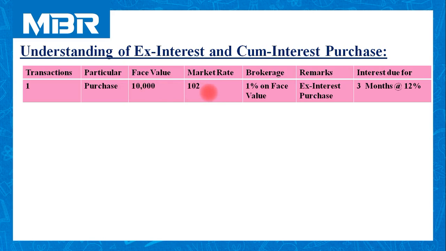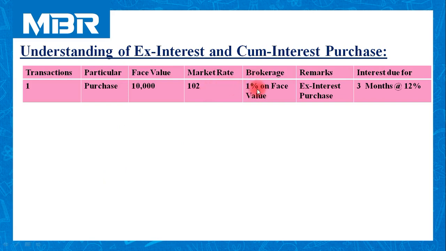Here it is written as 102, but the interpretation of this 102 is rupees 102 for every 100 rupees. The examiner does not need to write this anywhere; you have to understand it. This 102 is for 100 rupees.